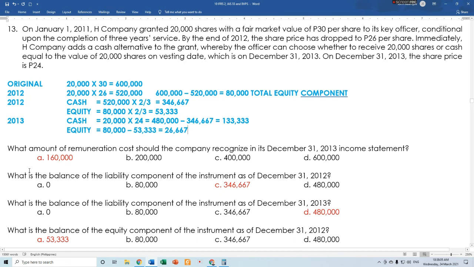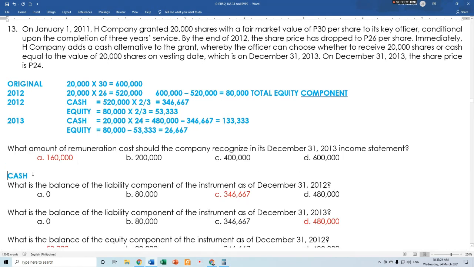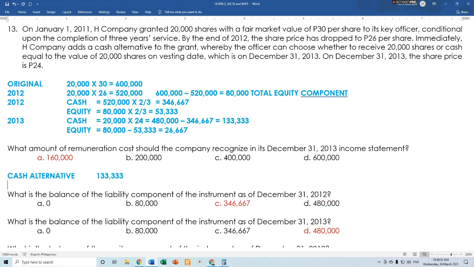So question, what amount of remuneration cost should the company recognize on its December 31, 2013 income statement? Yun yung mga current portion dito. So yan yung cash alternative na 133,333 at saka yung equity alternative na 26,667.